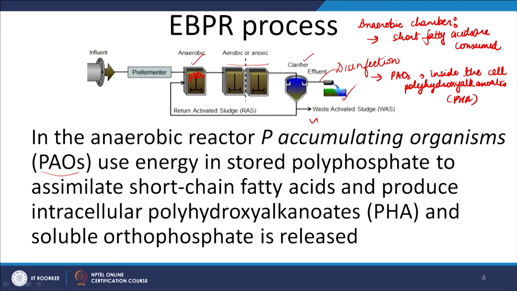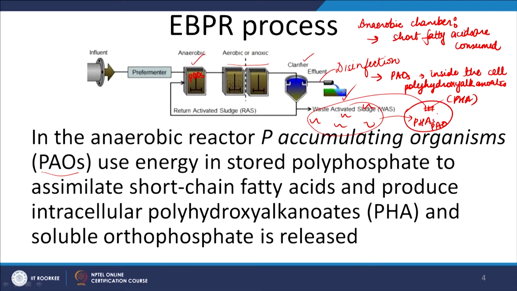So, we have polyphosphate lying outside in wastewater. Now, these PAOs, phosphate accumulating microbes, have a lot of short chain fatty acids in them, they will burn the energy and they will use this energy to accumulate the polyphosphates outside, extracellular polyphosphates, and make intracellular PHAs.